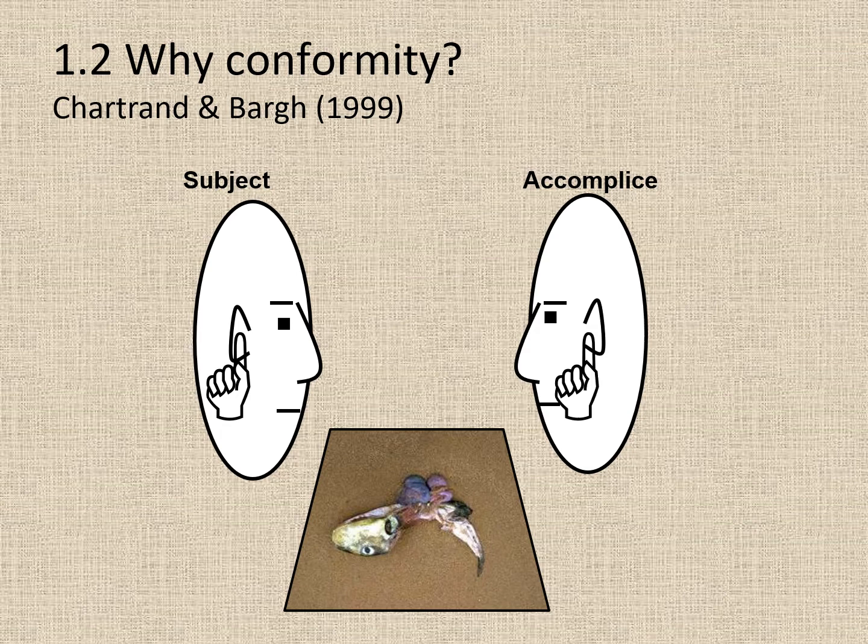The accomplices have trained on this. They were expert imitators, so they can imitate people in a subtle, not too obvious way, because this would probably not work if it was too obvious. So sometimes the accomplice imitates the subject in a subtle way, and sometimes they don't.